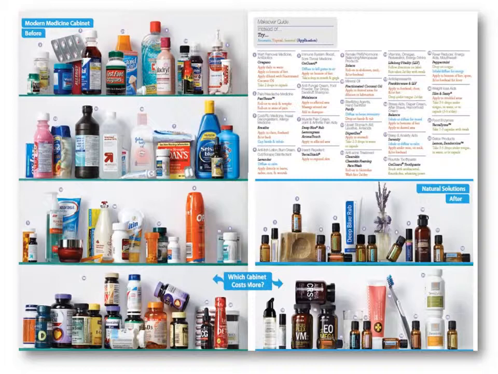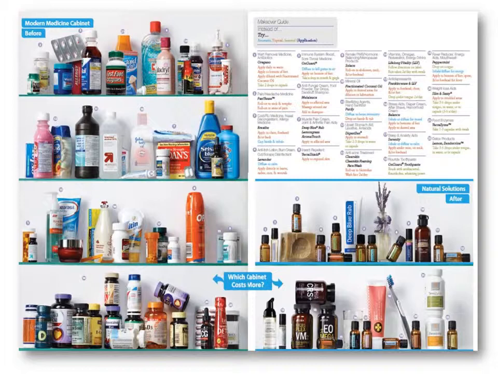I wanted to show this figure because I think it's a really powerful graphic which shows what a typical modern medicine cabinet might look like, and how every single thing that's in the medicine cabinet on the left can actually be replaced with some kind of oil on the right.